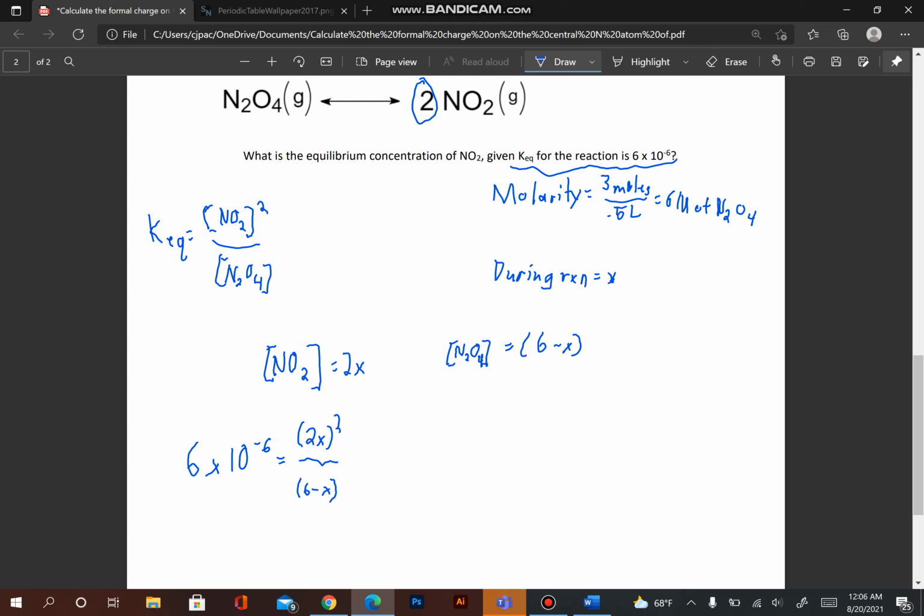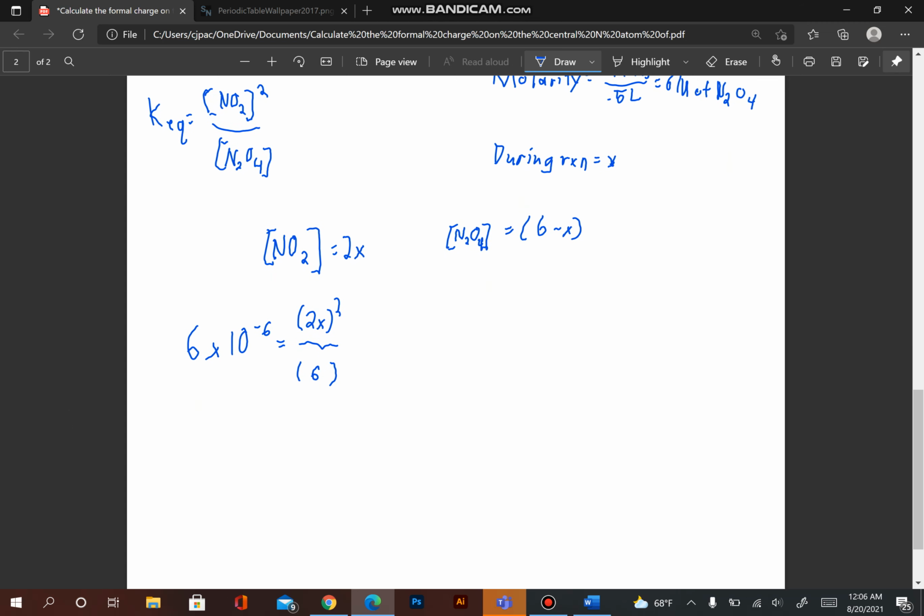So for a number this high, it would be common to see a rearrangement like this. And it also makes the math much easier. You can continue solving for X in this case.